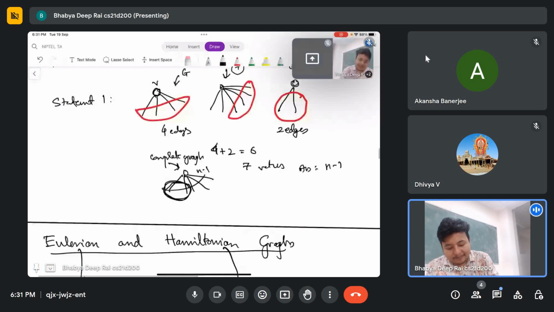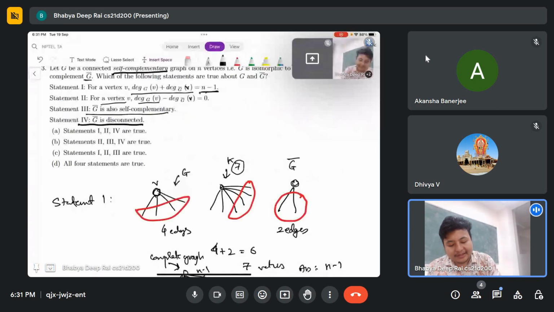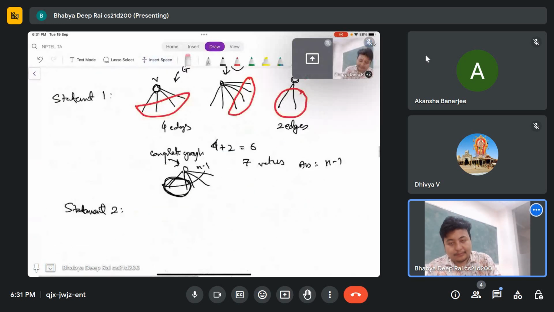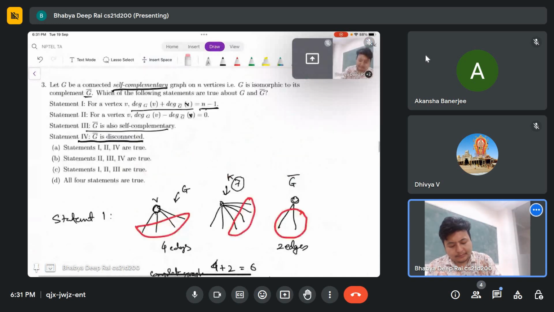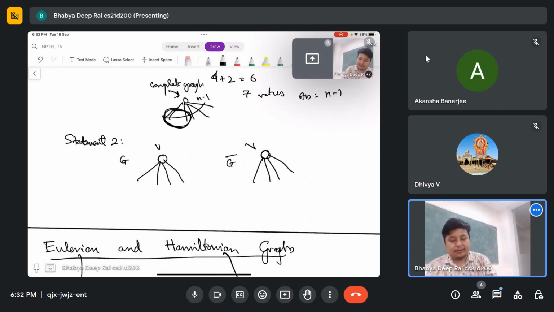Let's check the other statement. Statement 2: for a vertex V, the degree of V in G and the degree of V in G bar, the difference is equal to 0. Here again we'll use the idea of self-complementary. Let's say this is V in G and this is V in G bar, and let's say this one has degree 4 and this one has 5.